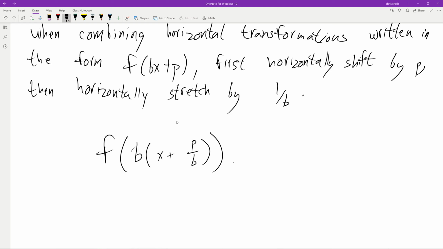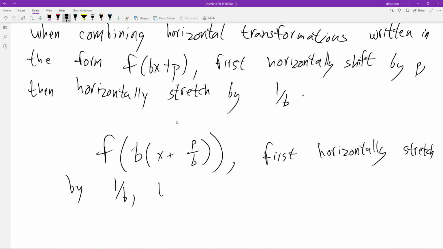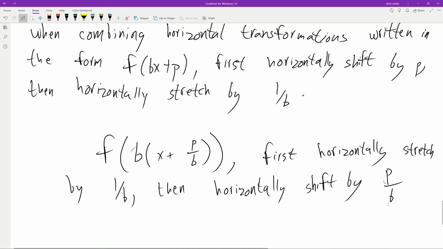In this case, I first horizontally stretch by a factor of 1 over b, then horizontally shift by this number p over b. This is just going to be one number, of course.